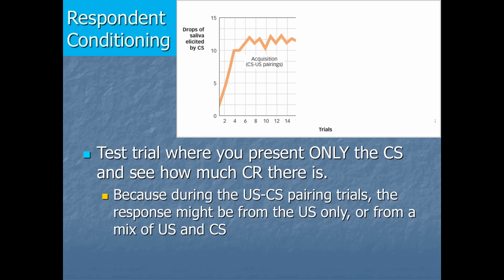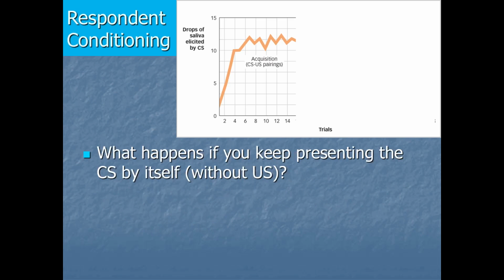We need to do this because during the normal pairings, during the trials with the learning itself, the unconditioned stimulus is present. The meat is there. So we don't know if the dog is doing its salivation response to the sound or to the meat or to the mix of them. But in a test trial with only the sound and no meat, we now have a measure of how much power the CS itself has gained, how much learning has occurred related to that previously neutral stimulus. So that's basically how this acquisition graph is made.